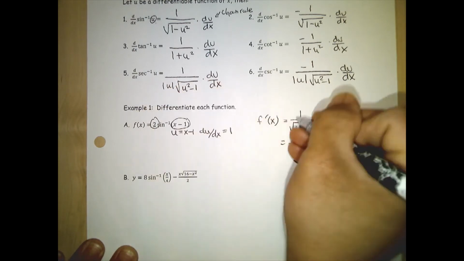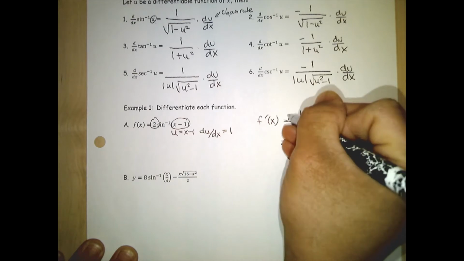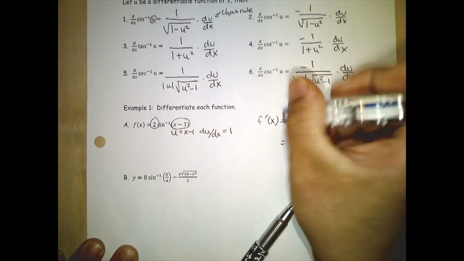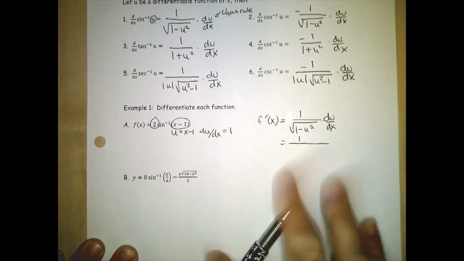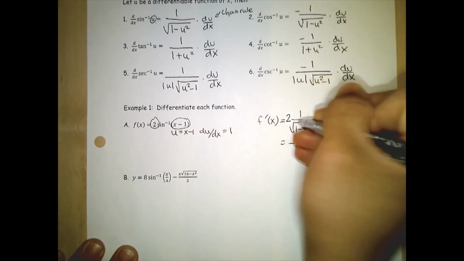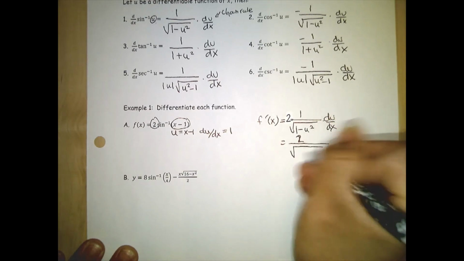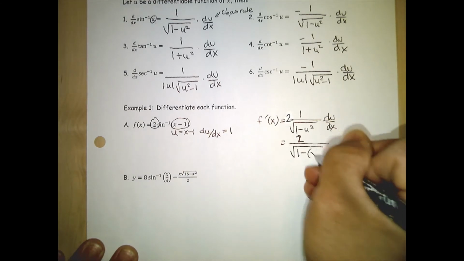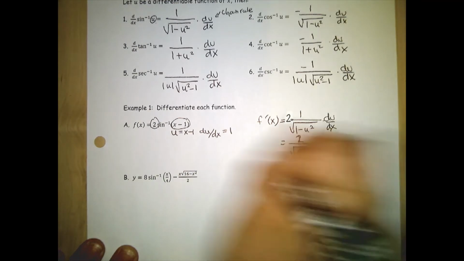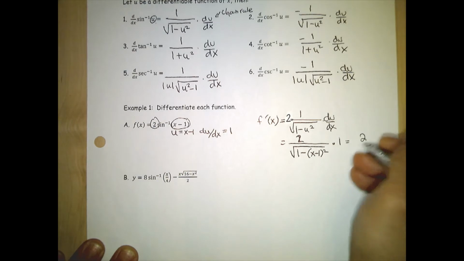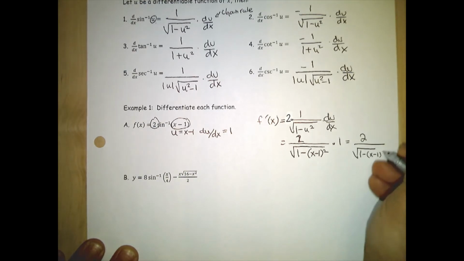By the way, we have this 2 here, but I'm just going to write the 2 now so that we don't forget it at the end. So it's 2 over the square root of 1 minus (x minus 1) squared times du/dx, which is 1. So this is just 2 over the square root of 1 minus (x minus 1) squared.